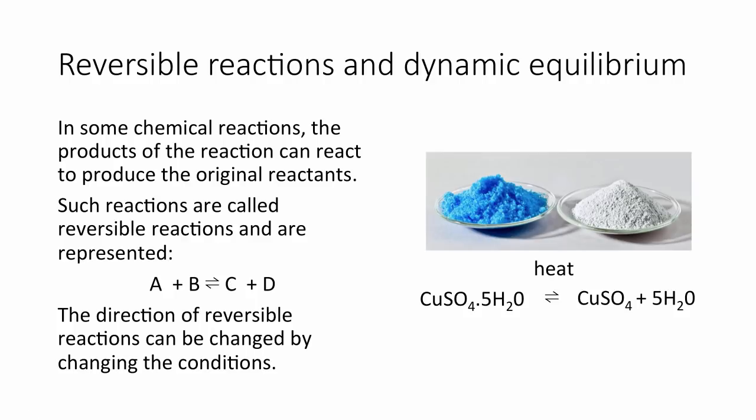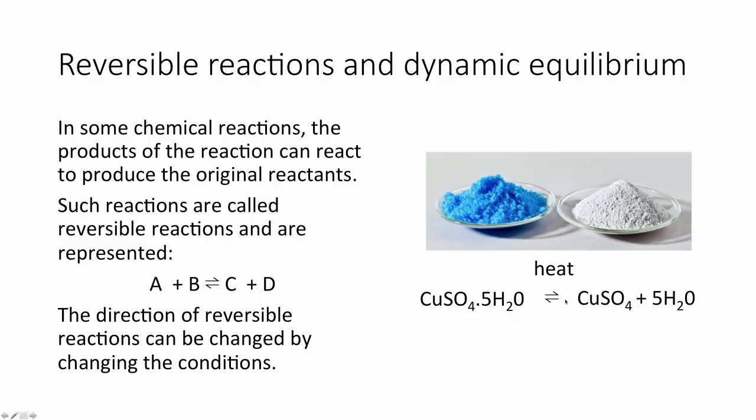An example of which is copper sulfate pentahydrate. That's copper sulfate with 5 moles of water in the water of crystallization. Now, if we heat the hydrated copper sulfate salt, we can remove the water and produce the anhydrous copper sulfate salt, which is a white powder, because it was the water that made the copper sulfate appear blue.